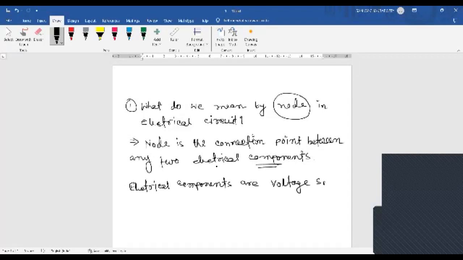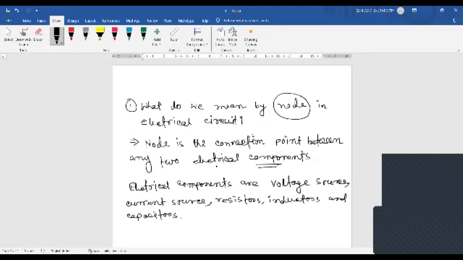voltage source, any kind of source that is either voltage or current, a voltage source, current source, and then the elements, three basic elements: resistors, inductors, and capacitors.